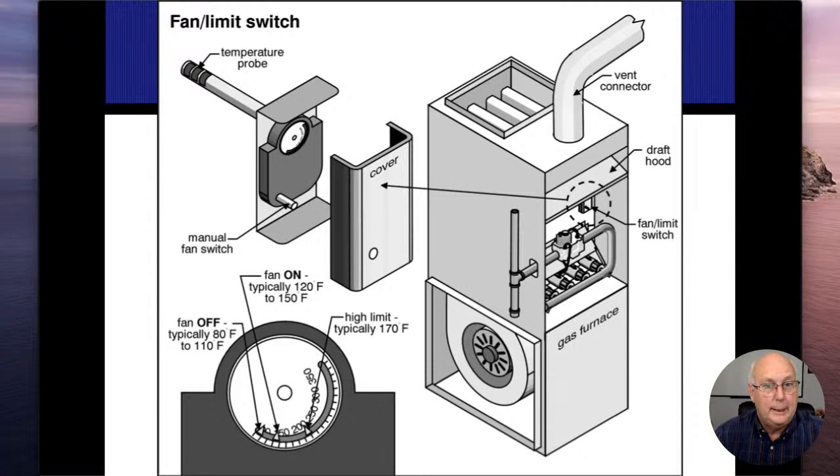And the fan wouldn't kick on right away because the air around the heat exchanger is still cold. And we don't want to circulate cold air. We want to wait till it gets warm. So that would wait till somewhere around like 140 degrees. All right. At 140 degrees, this probe would flip a switch and say, okay, blower fan, you get turned on.